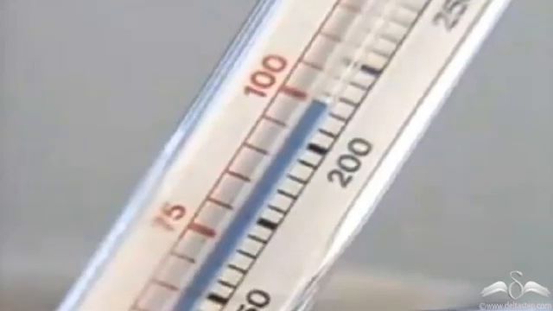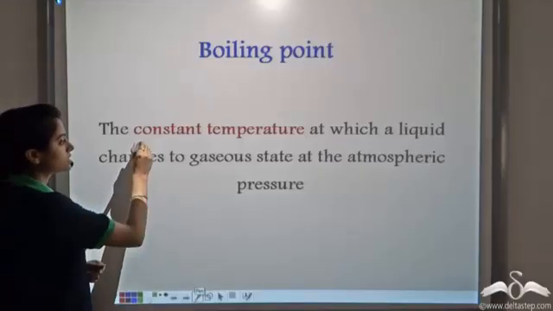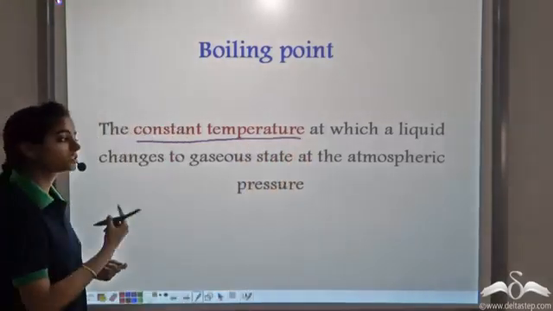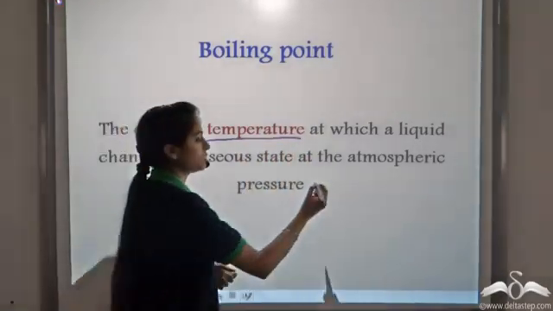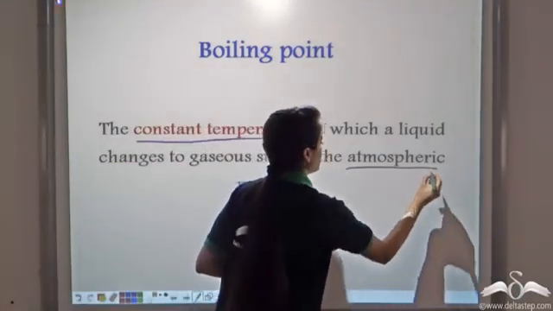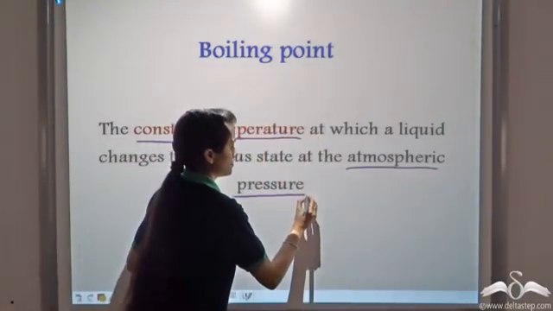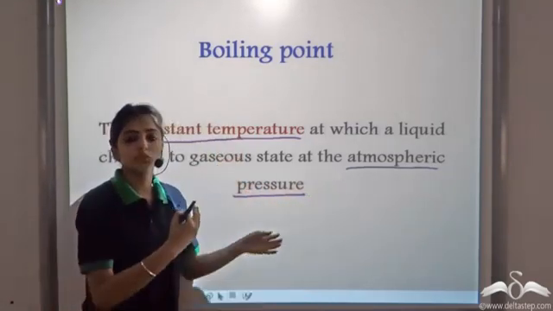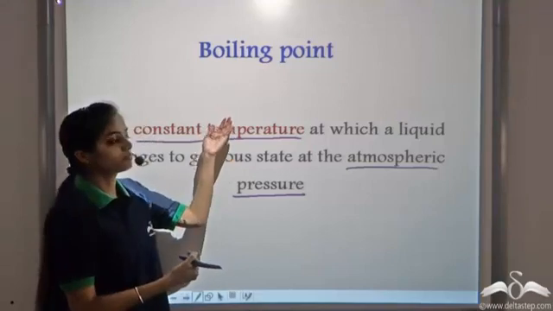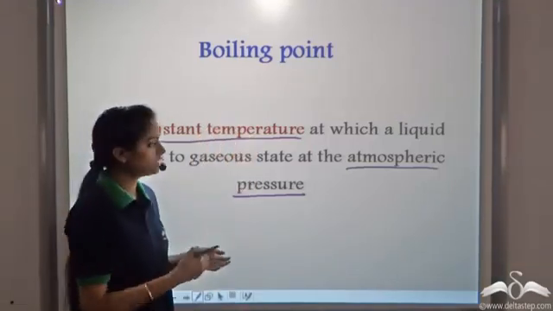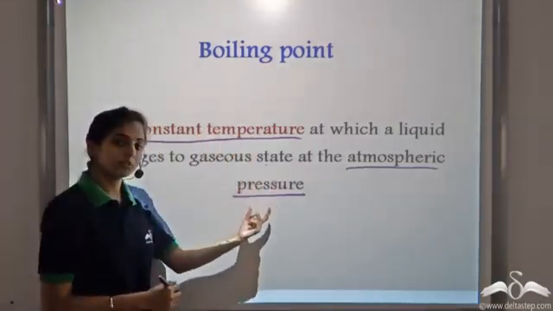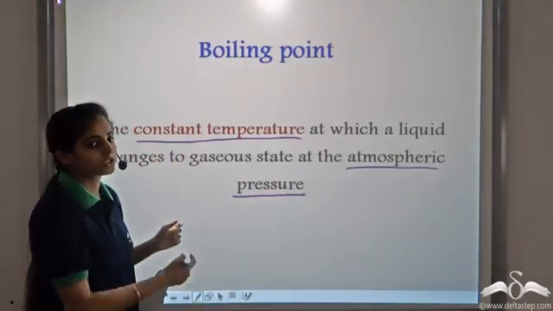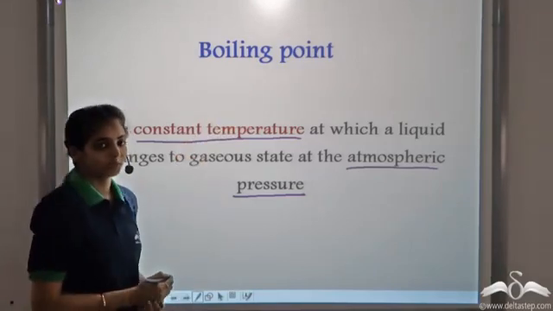The boiling point is defined as the constant temperature at which a liquid changes into the gaseous state at the atmospheric pressure. These temperature measurements are made at atmospheric pressure because with the change in pressure, temperatures like the boiling point and melting point change. Therefore, at the atmospheric pressure, the constant temperature at which the liquid changes into the gaseous state is known as the boiling point of the liquid.